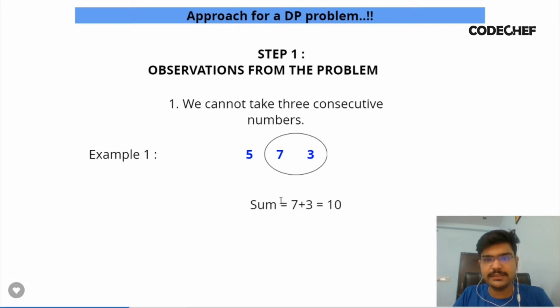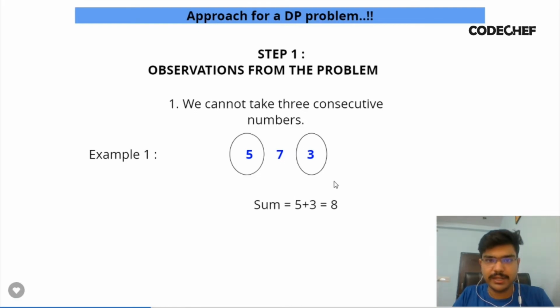If we consider the second case, then we can take the last two values as well, because this does not violate the condition. The answer in this particular case will be 7 plus 3, which is equal to 10. And there's one more possible case left. If we take the first and the last value, that is 5 and 3, and we do not take the 7, because taking 7 as well would create a consecutiveness of three elements, then the answer will be 8.